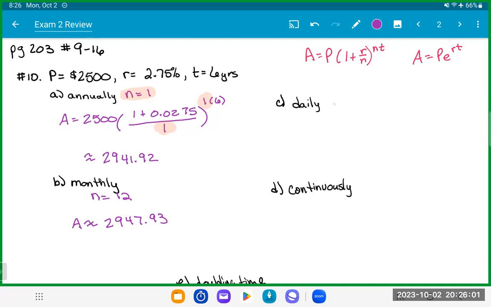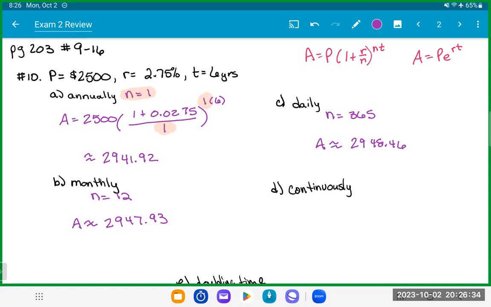Okay. If I compound daily, then my n is 365. And so that's going to give me an accumulated value in 6 years of approximately $2,948.46. Okay, so all three of those use the exact same approach as we used in part A, but you're changing out how you accumulate.